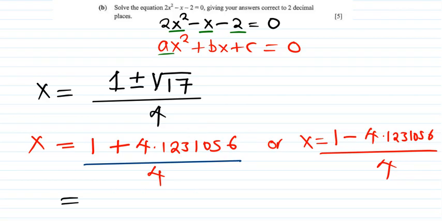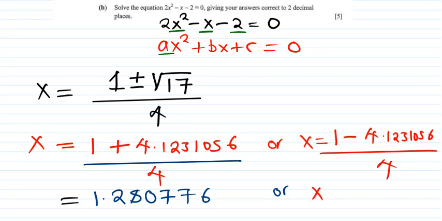So plus 1 divided by 4, so I'm getting 1.2807776.